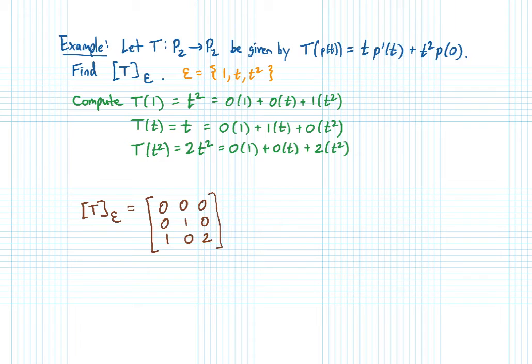So with the standard basis, the process of finding the matrix is fairly straightforward. And for other bases, it's no more difficult in theory. The only thing is that in that step where you compute T of the basis vector, and then you write that result as a linear combination of the basis vectors again, there might be some solving that has to take place in order to do that.